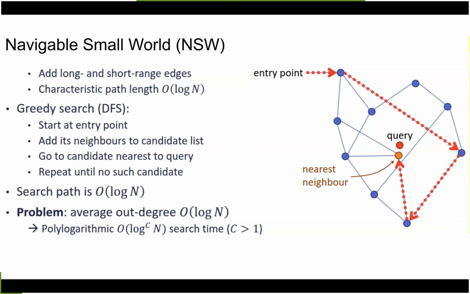But if you have a few long edges connected to further away nodes, then you can skip a bunch of small paths and just jump to the area that is very close to the query.